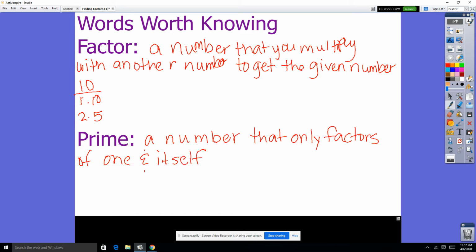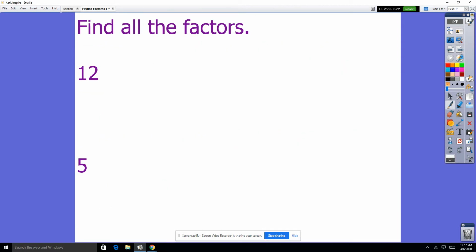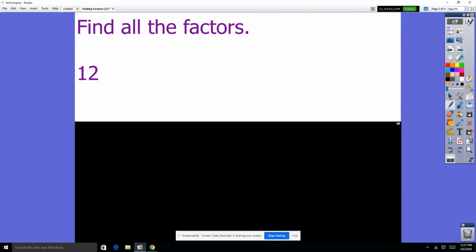So one prime number would be 1, because the only thing that makes 1 is 1 times 1. Another prime number is 2, because the only thing that makes 2 is 2 times 1. Another one would be 3. 3 times 1 gives you 3. Those are the only factors of those numbers. So if it's just 1 and itself, and that's the only factor you can find, then that number is considered prime. So what we're going to do is we're going to find all of our factors of these numbers.